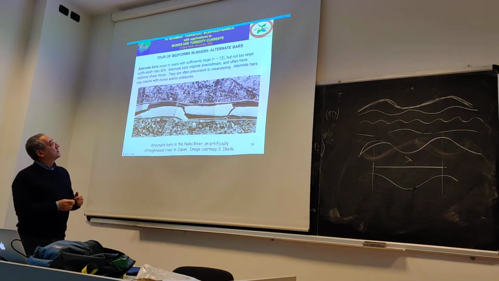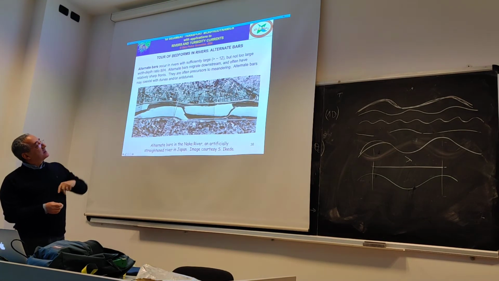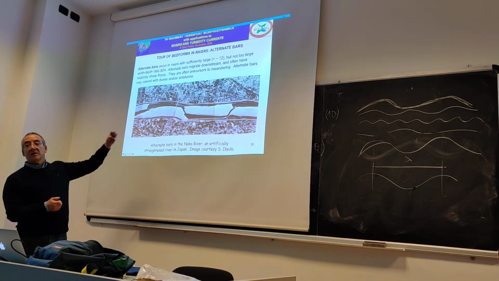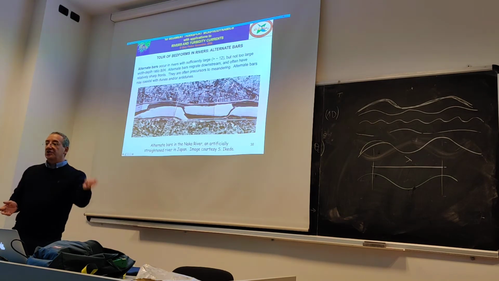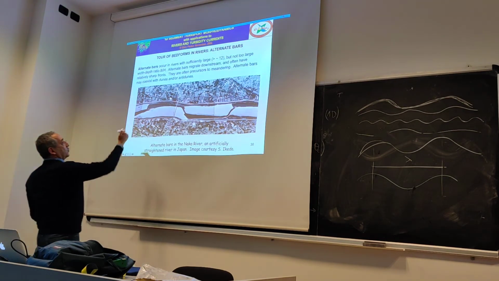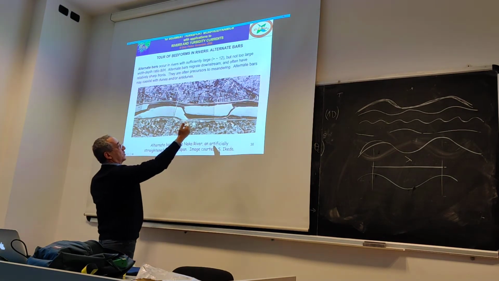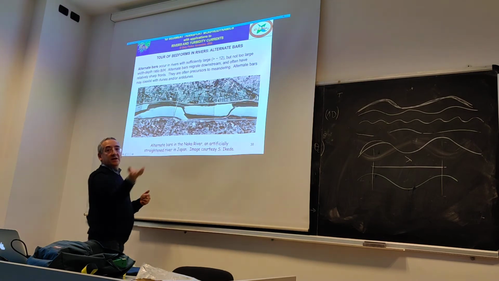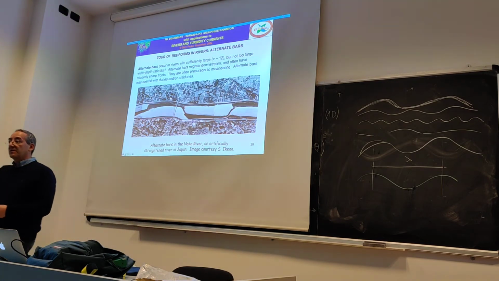They are called alternate bars because they change side periodically. So you have one bar on one side, and then the following one is on the other side, and then you go on. So they are called alternate bars.